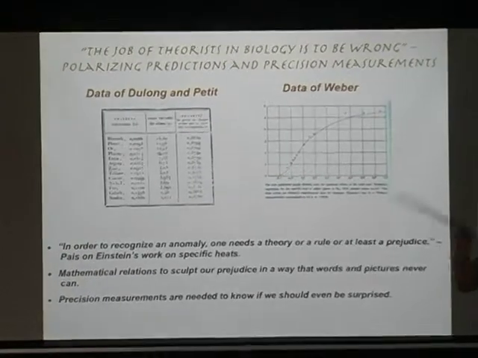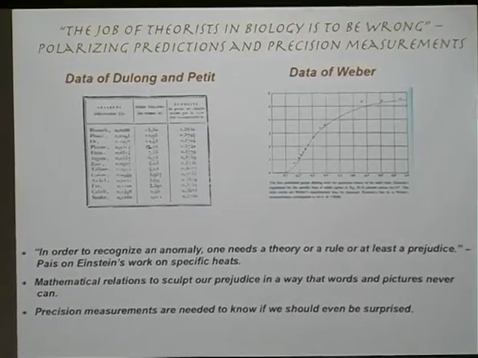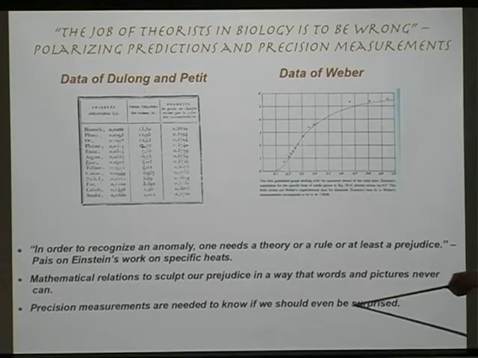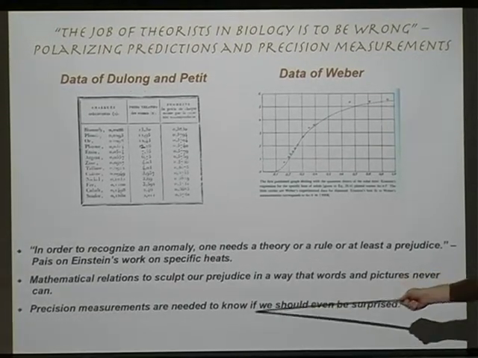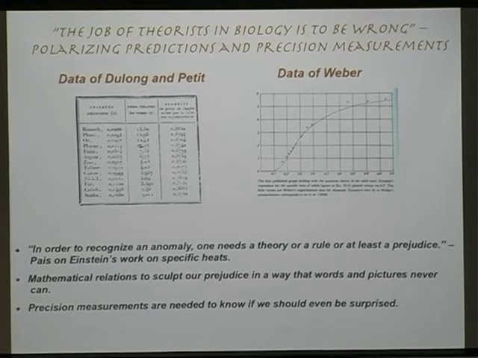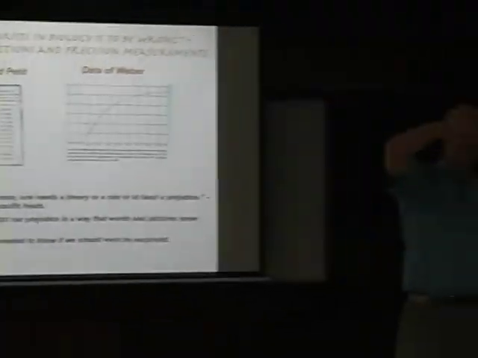And that's what you heard from Boris a little while ago. It's being prejudicial about what you expect will happen. So precision measurements, I would say, are needed to know if we should even be surprised. I showed you a graph this morning that had the periodicity of repression as a function of length of DNA loop.